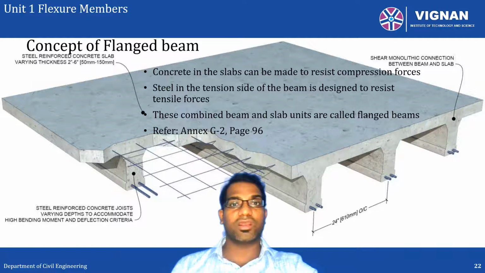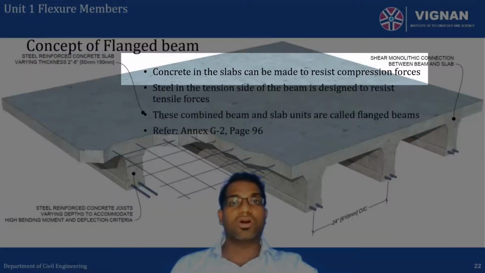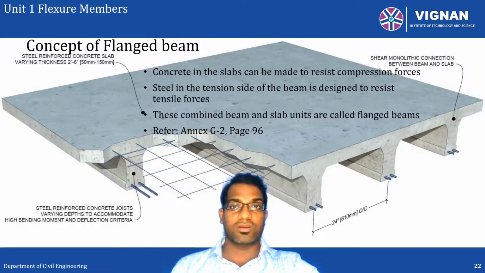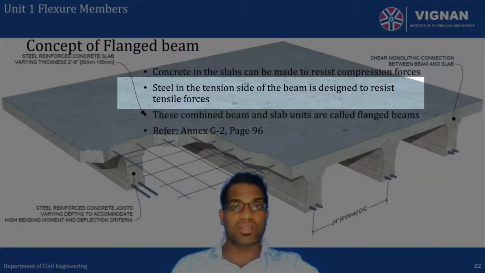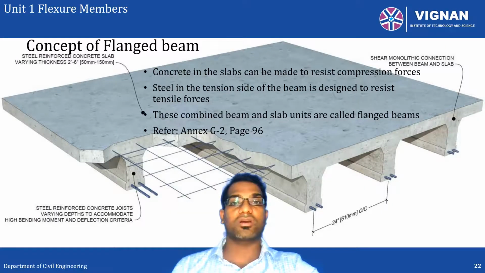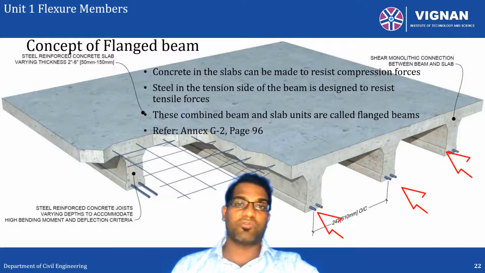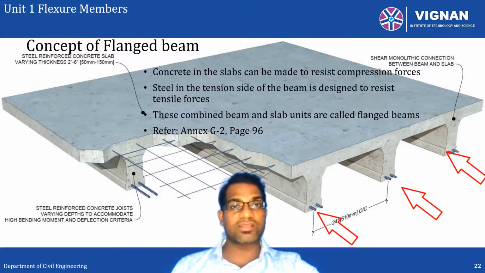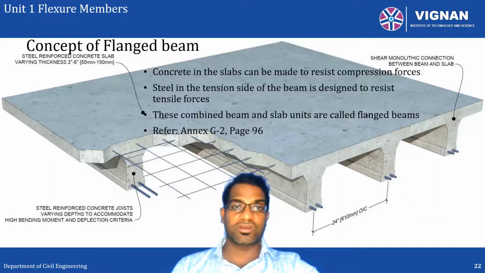So if you take a look at this figure, in T-beams, concrete in the slab is designed to take the compressive forces, whereas steel in the tensile zone is designed to take the tensile forces. This type of beam we often call flanged beams or T-beams.